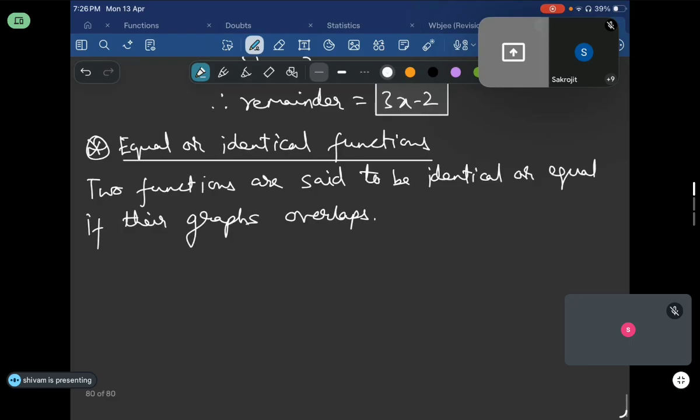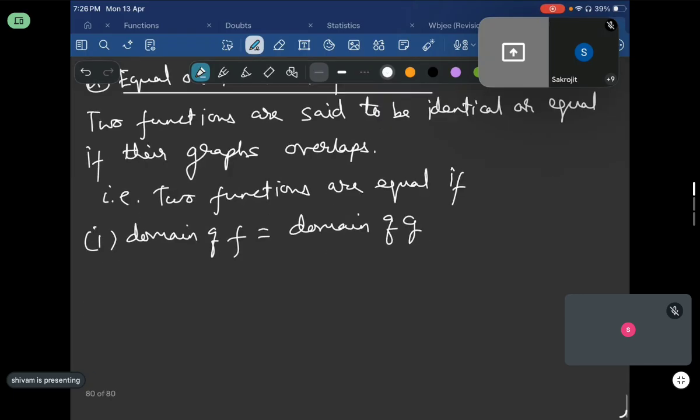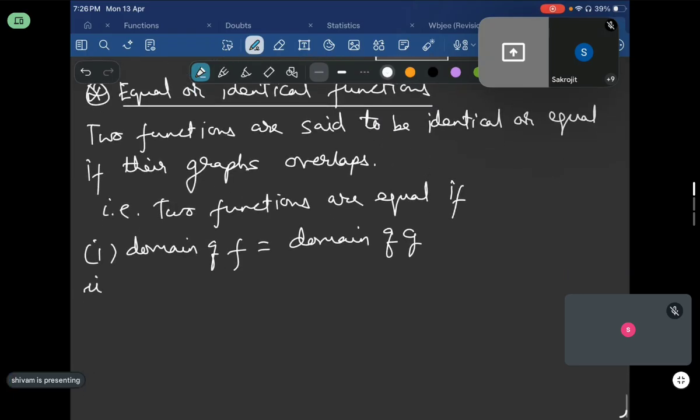That is, two functions are equal if number one, the domain of f is equal to the domain of g. Number two, the range of f is equal to the range of g.